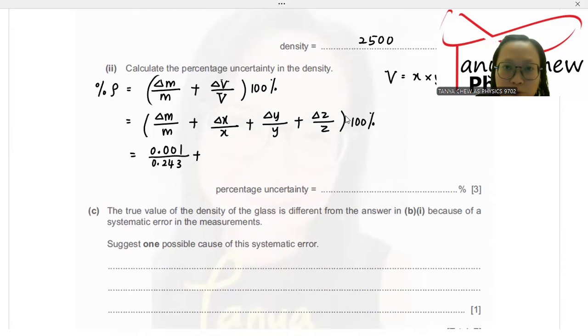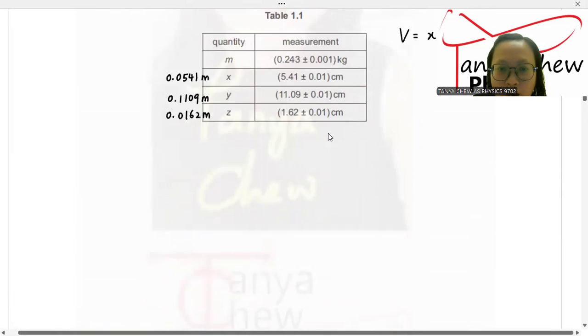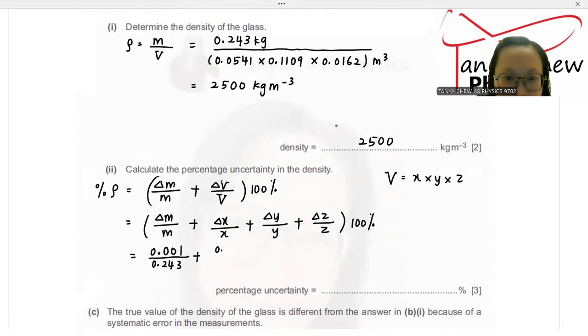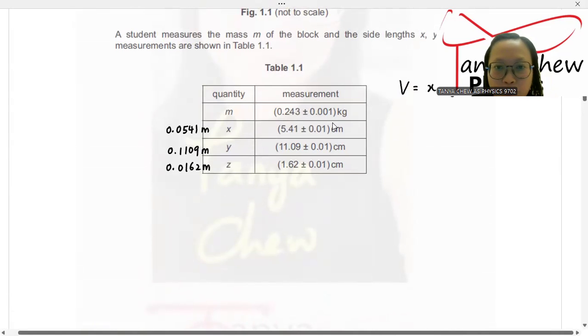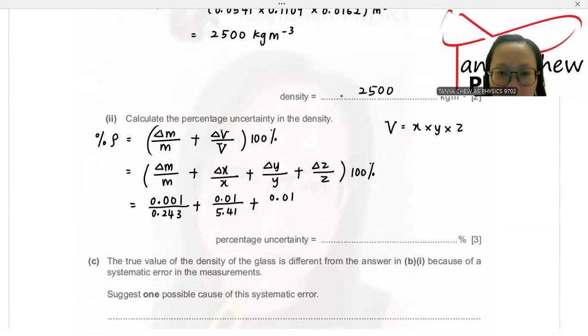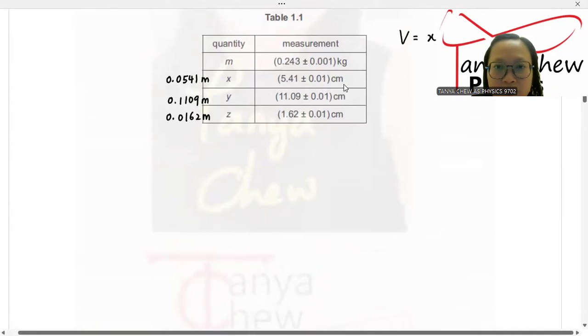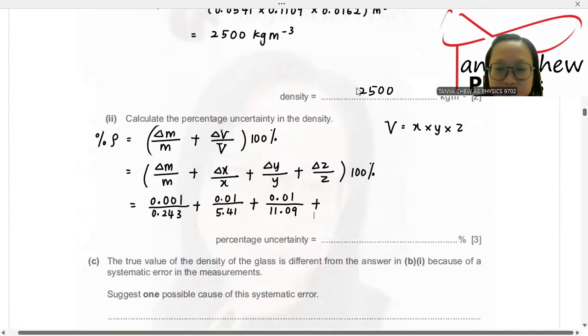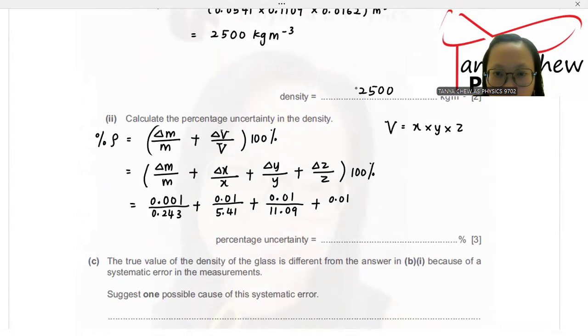So I'm just going to put 0.01 over 5.41, plus delta y, 0.01 over 11.09, plus delta z, 0.01 over 1.62, and everything else here I multiply with 100%.